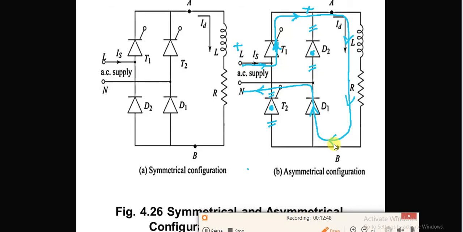The current from point B will not flow through this SCR T2 because it is reverse biased. How is it reverse biased? If we consider this is plus, then from this point it is dividing, and this SCR T2 is reverse biased and hence acts as an open switch.